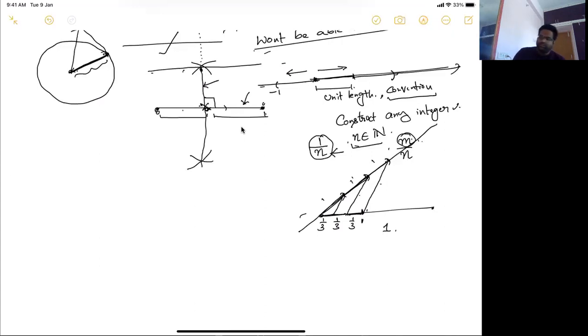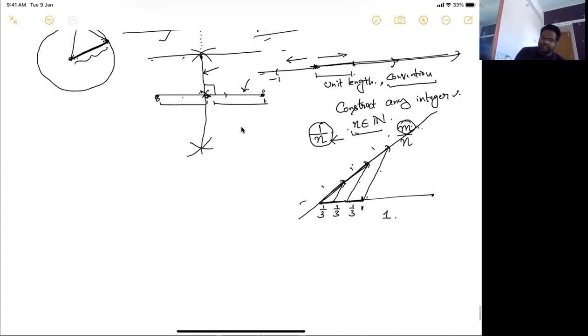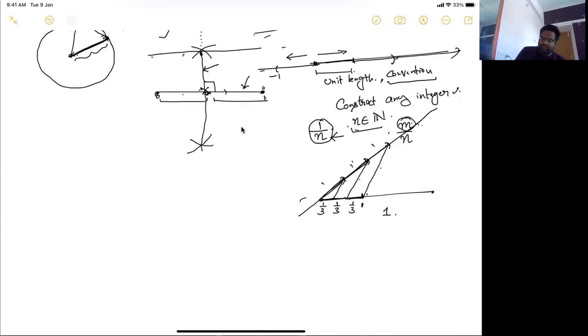So in this way, once you have 1 over n, you can construct m over n, and therefore any rational number. Also, you can construct not only rational numbers, but also irrational numbers. That's a very common thing. You have unit length, and then you draw a perpendicular unit length again. You know how to draw a perpendicular. Then this length is the square root of 2.